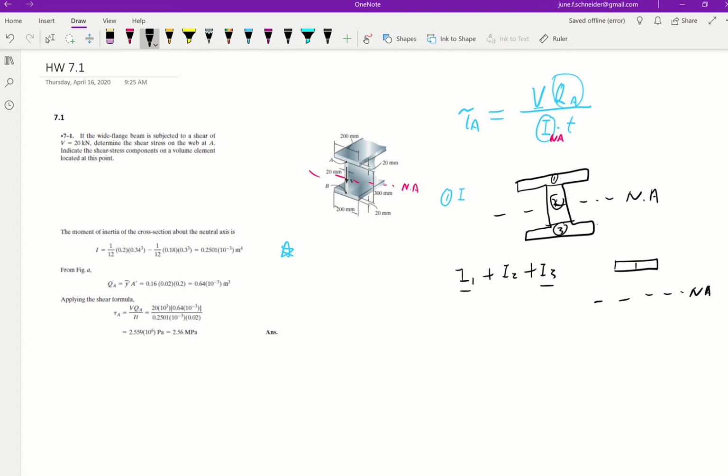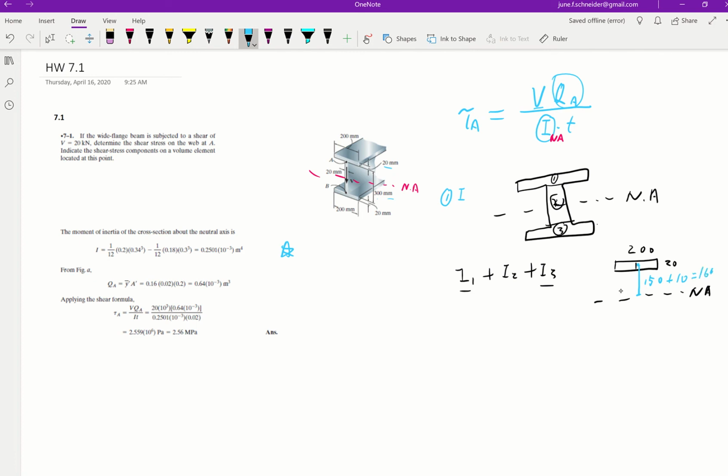For example, if this is 200 and this is 20, the distance, I'm going to use a different color, from the centroid of that shape to the neutral axis, that's going to be our d. I believe this is half of 300 plus half of the 20, so it will be 150 plus 10.